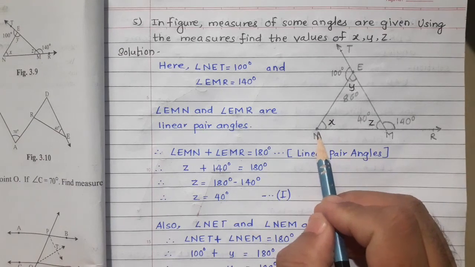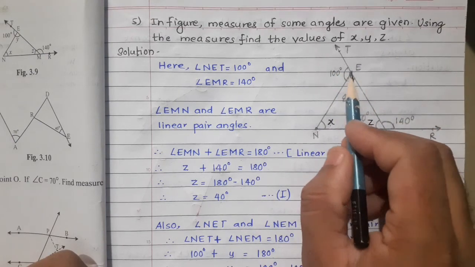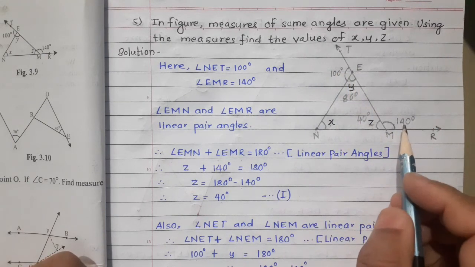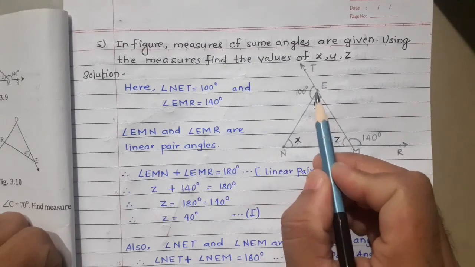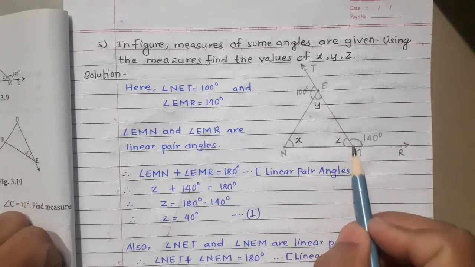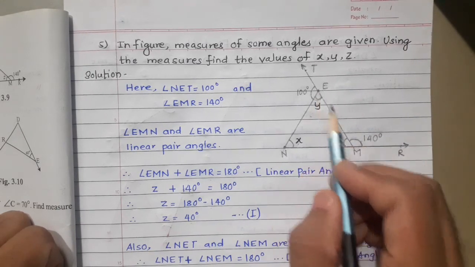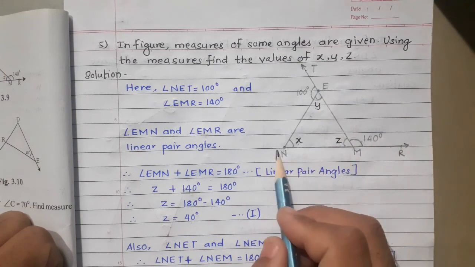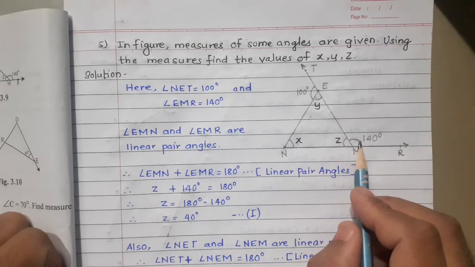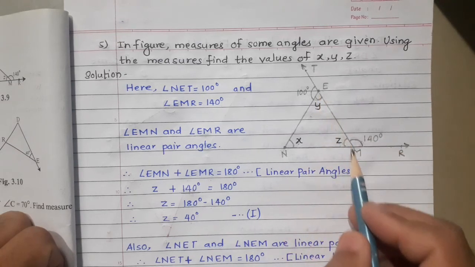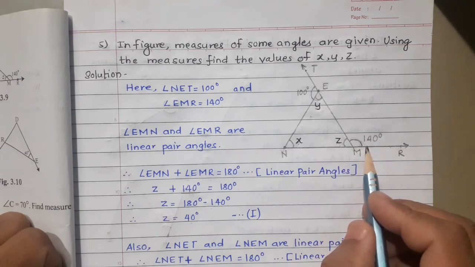Here, the given angles are that the measure of angle NET is 100 degrees and angle EMR is 140 degrees, and we have to find the measure of angle XYZ. Now see here, angle EMR and angle EMN, that is angle Z. Angle EMR and angle EMN, these two angles are linear pair angles, and we know that linear pair angles are supplementary.